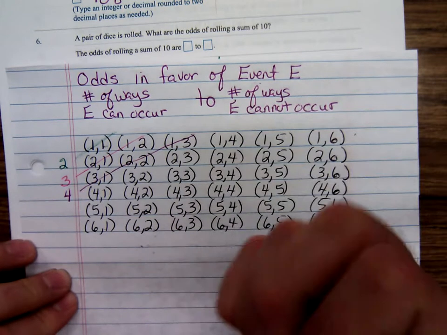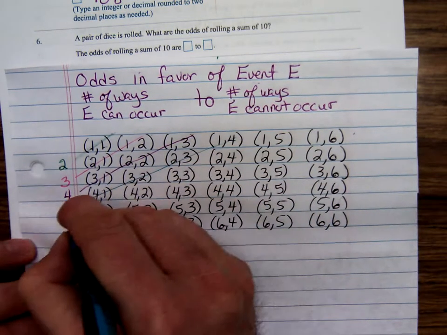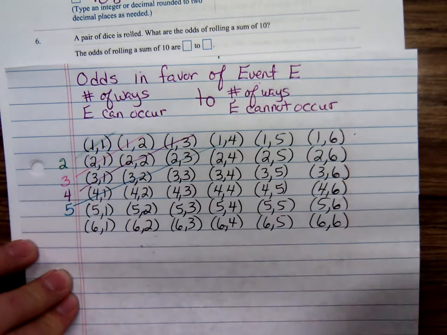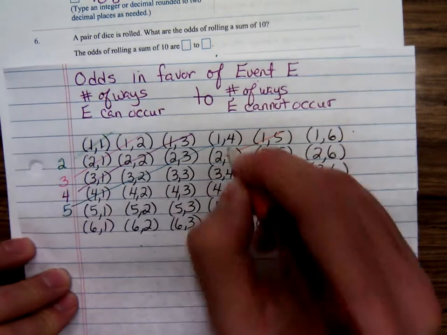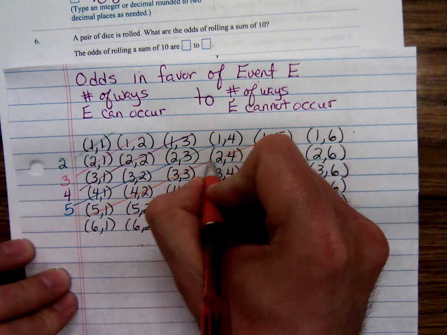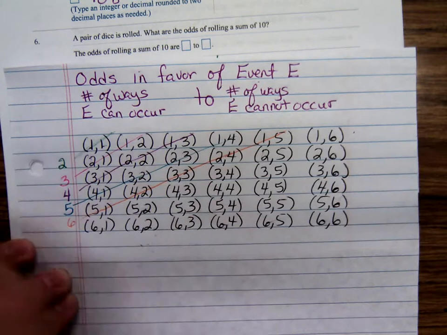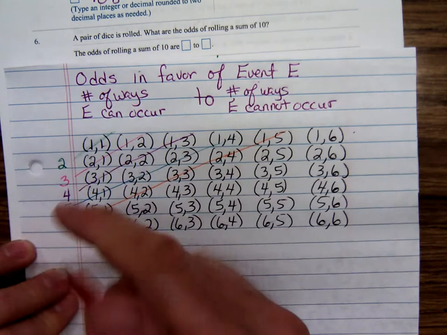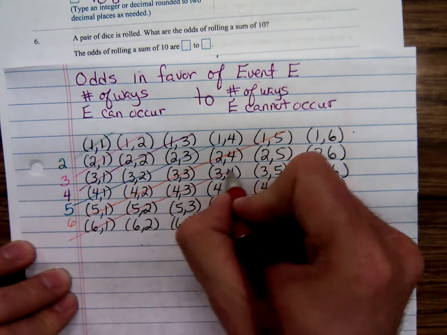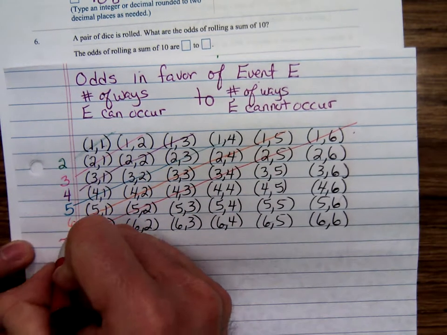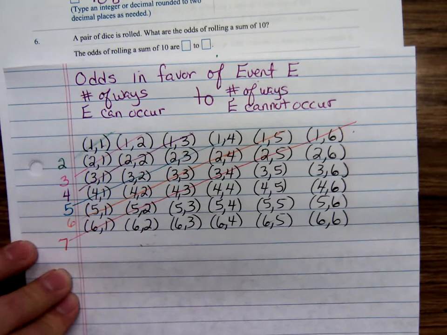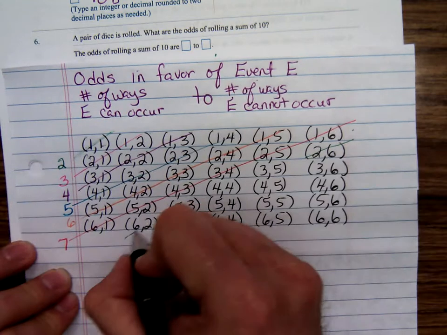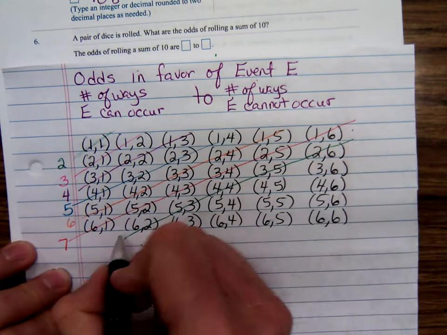Here, these have a sum of 5. Here's my invisible orange. This orange ink is hard to show. Those have a sum of 6. This big diagonal, sum of 7. A sum of 8.